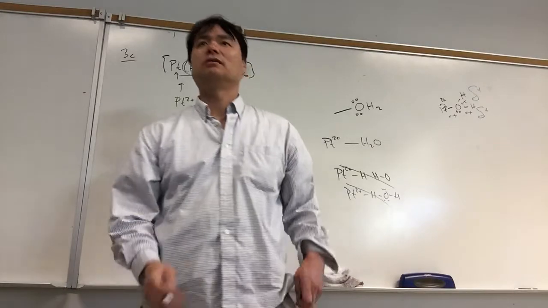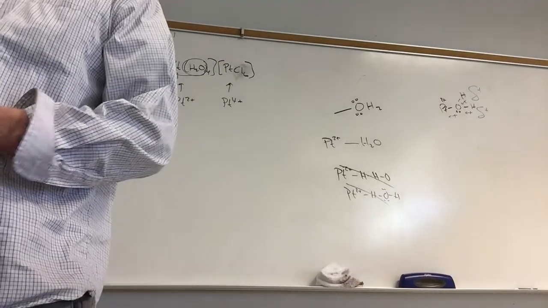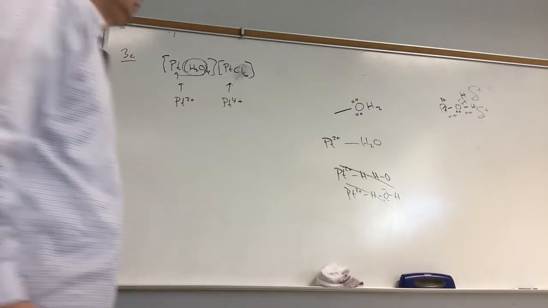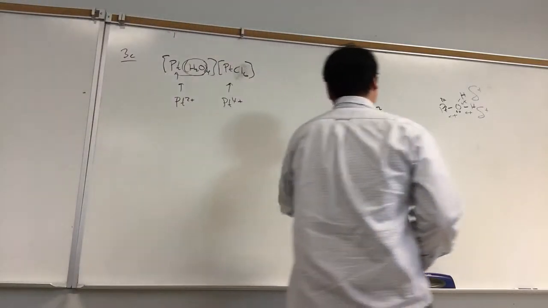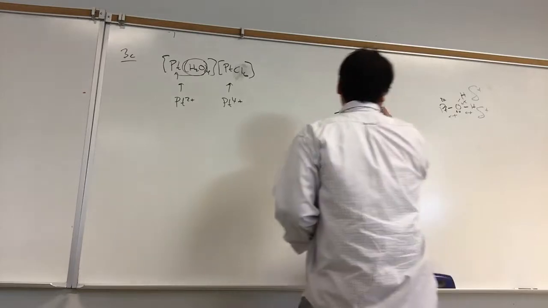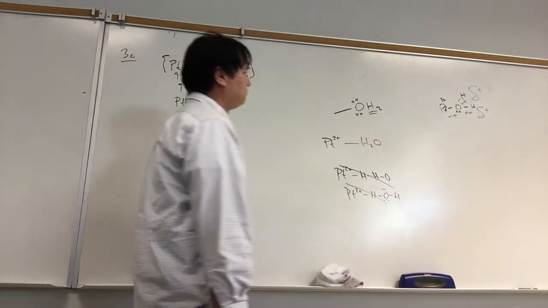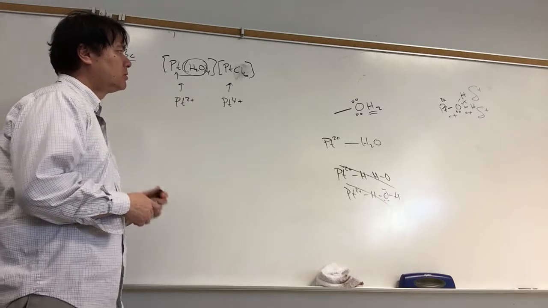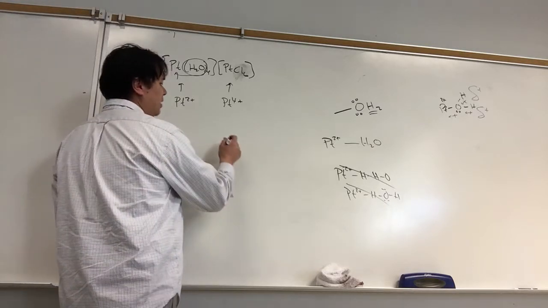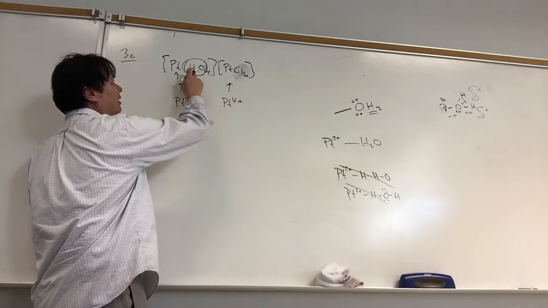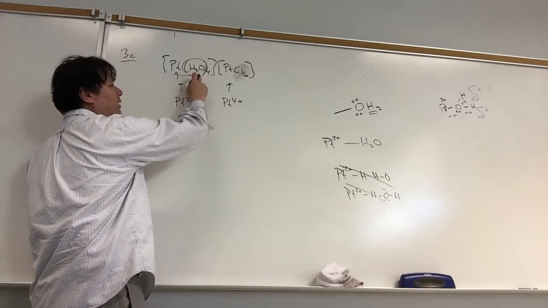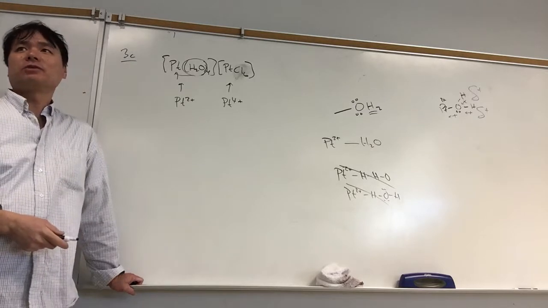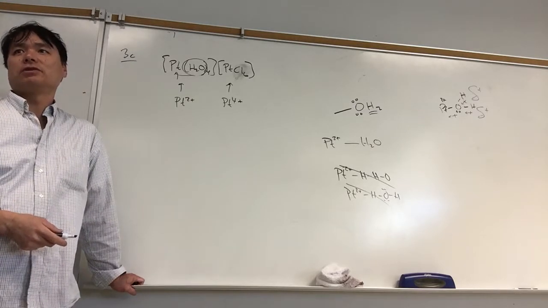Can't be H2O in that sense. This is why I wrote it backwards, because it's the oxygen that binds to it, not the hydrogen. And so oftentimes we write things backwards. Why didn't I write OH2 here? I didn't write it OH2 because I'm not really showing the bonding. If I'm trying to show the bonding, I better write it OH2.